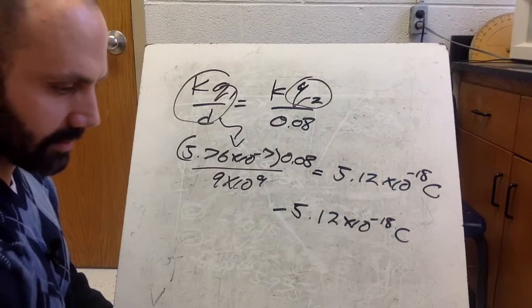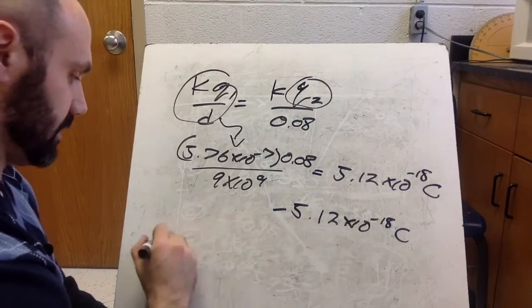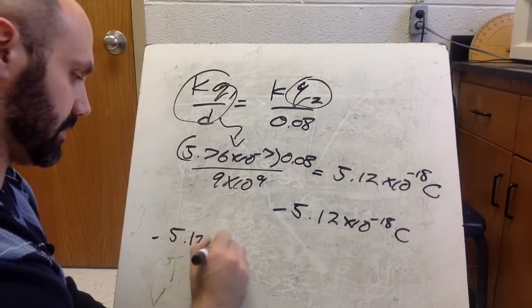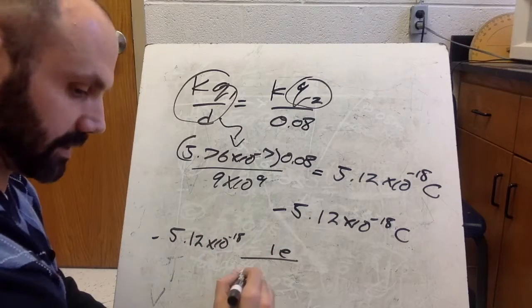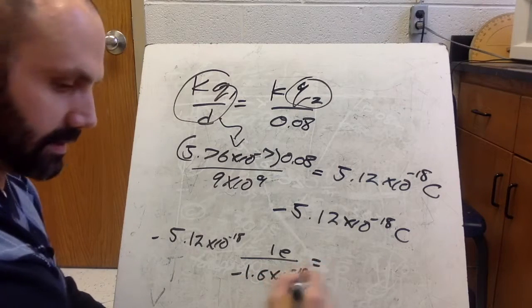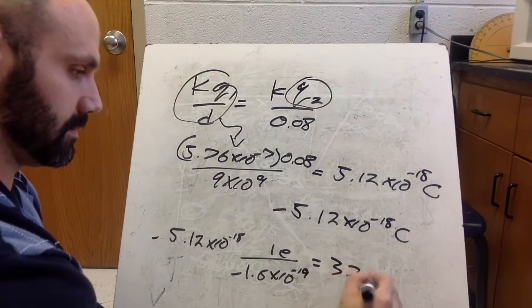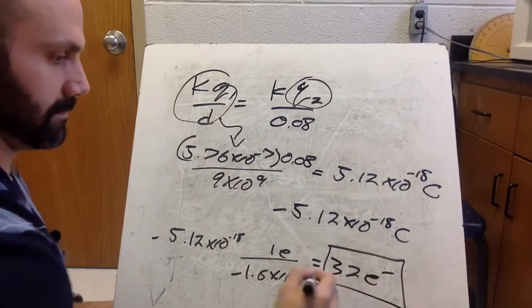And now I want to know how much is this in terms of e, right? And so I've got this negative 5.12 times 10 to the negative 18th. And for every 1 electron, I have negative 1.6 times 10 to the negative 19th. And that comes out to 32 electrons. And that's it.